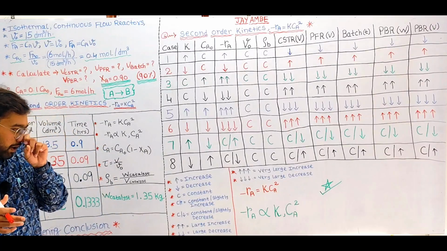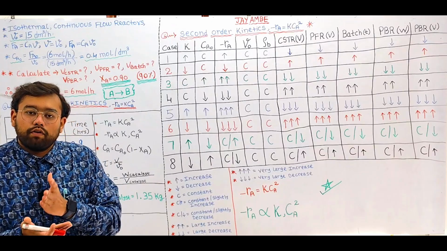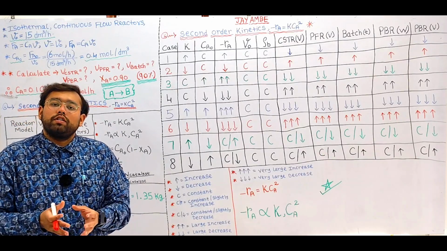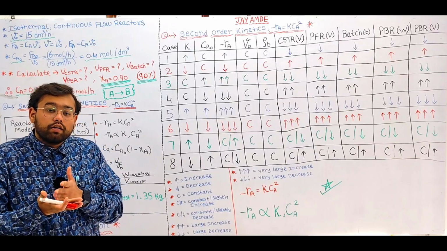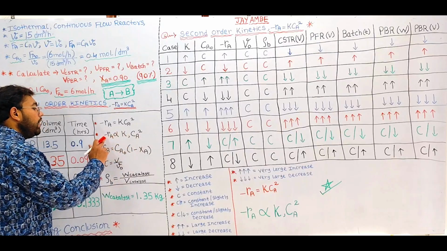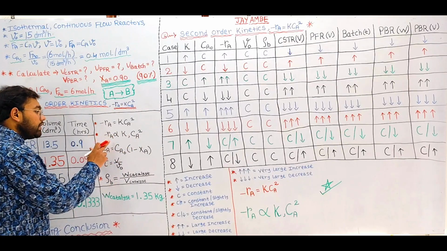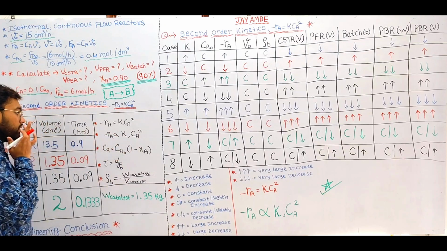And in the case of PFR, at the outlet stream, it is the same: there is minimal unreacted reactant, or there are chances that all the reactants are consumed, right? So due to the lowering in the concentration, the rate of the reaction is lowered, due to the direct proportionality of reaction rate with the concentration, right?